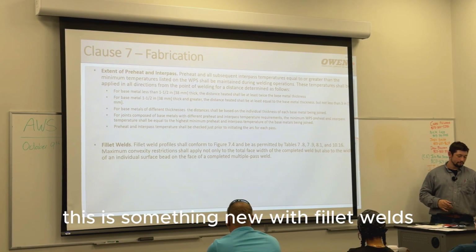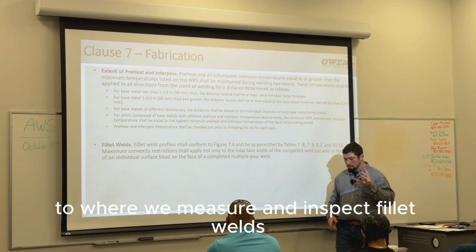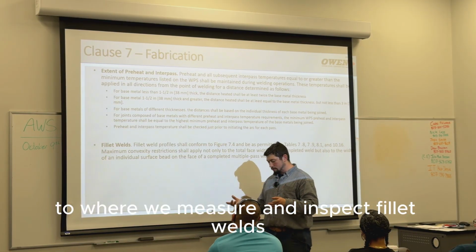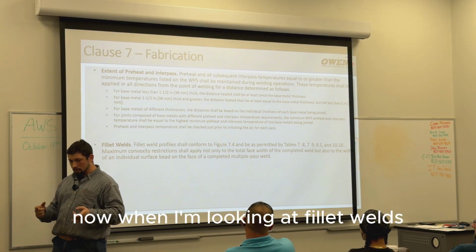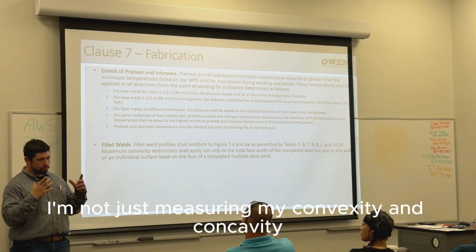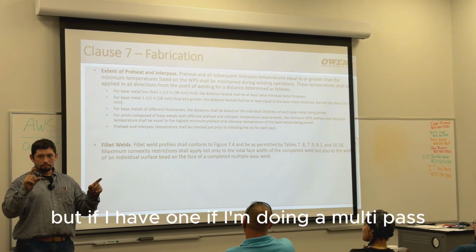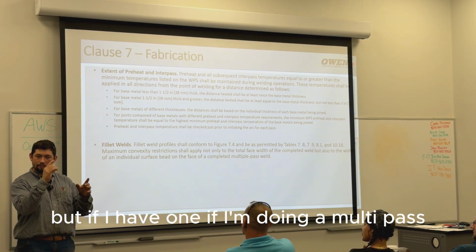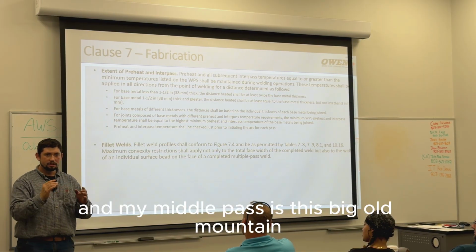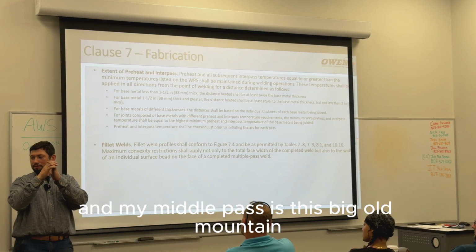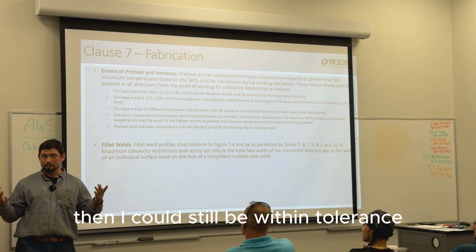This is something new with fillet welds right here. It used to be defined to where we measure and inspect fillet welds across the face of the whole weld. Now, I'm not just measuring my convexity and concavity across the whole face. If I'm doing a multi-pass fillet weld, I've got 6 passes stacked up, and my middle pass is this big old mountain, but if I measure it across the whole face, I could still be within tolerance.